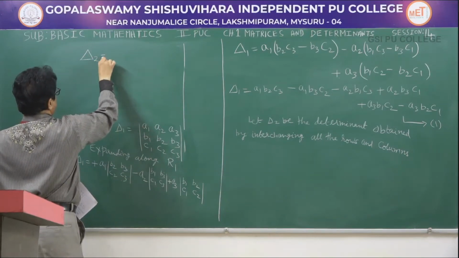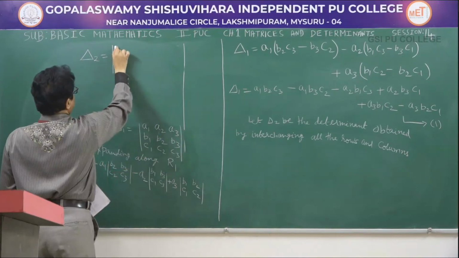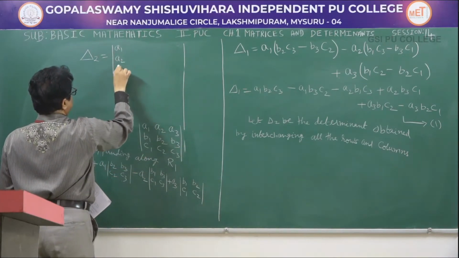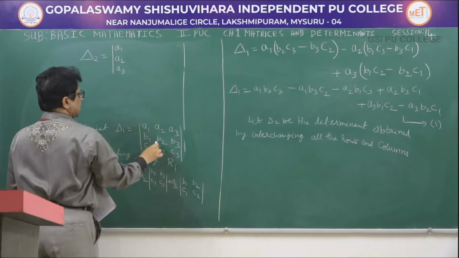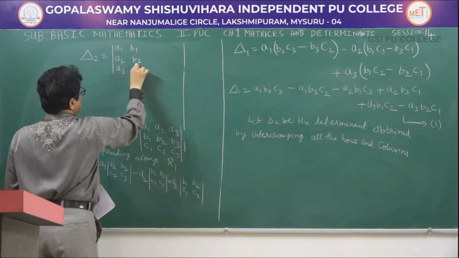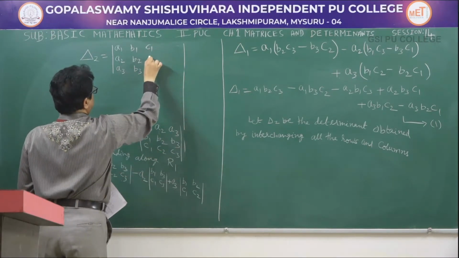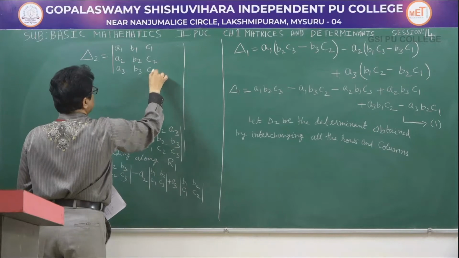So delta 2 is equal to determinant of, so the first row becomes the first column, A1, A2, A3. Second row becomes second column, B1, B2, B3. Third row becomes third column, C1, C2, C3.